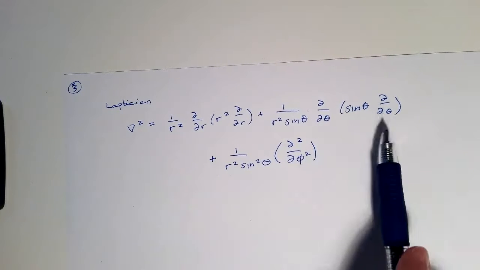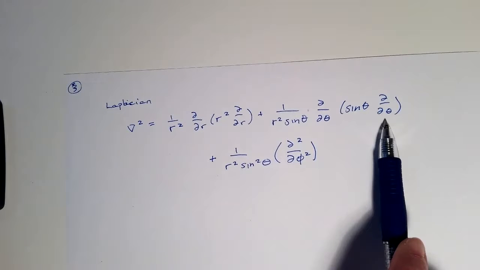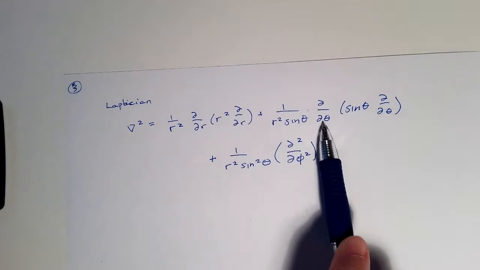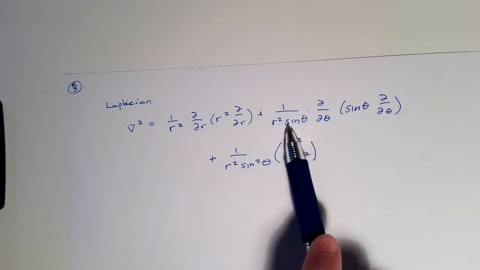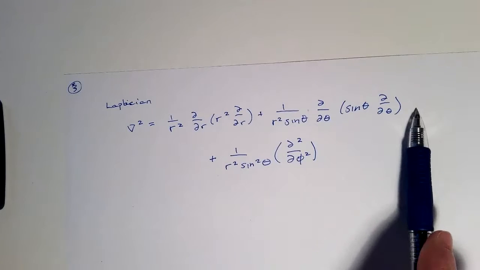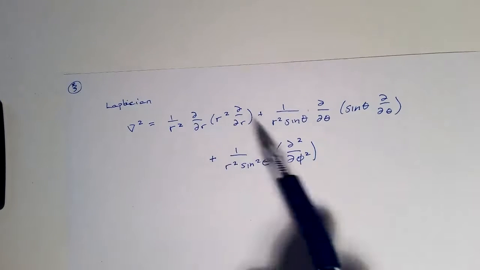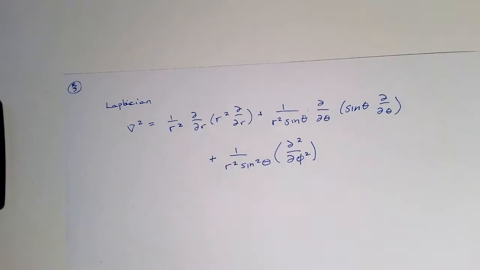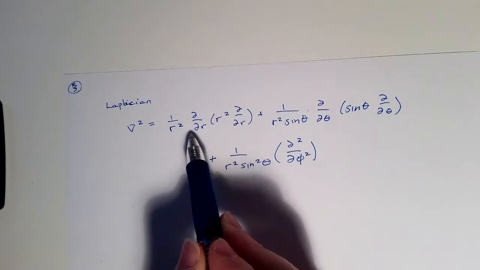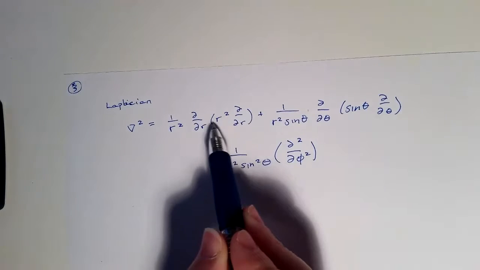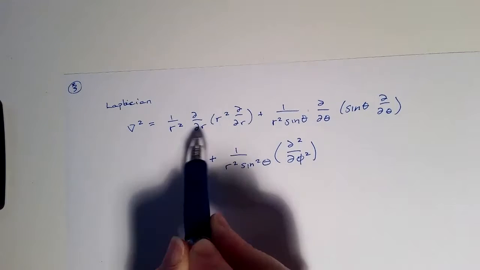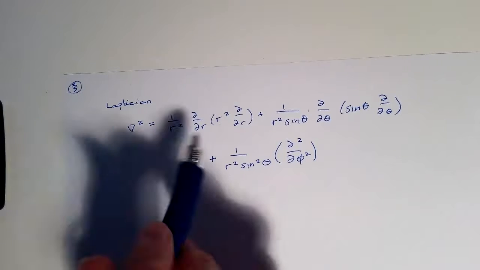For instance, you would apply the first derivative with respect to theta, then multiply that result times sine theta, then apply another derivative with respect to theta. So when you're applying the Laplacian, you work from right to left with all these instructions to do these derivatives and multiply. You can picture that taking two derivatives with respect to r and then applying this r squared would give you a very different answer than doing it in the order it's listed here. So order matters here.